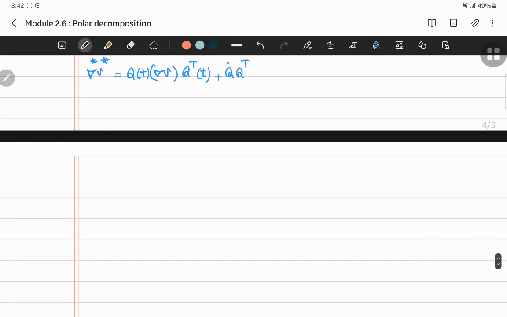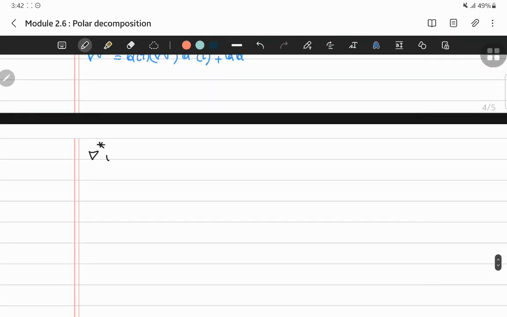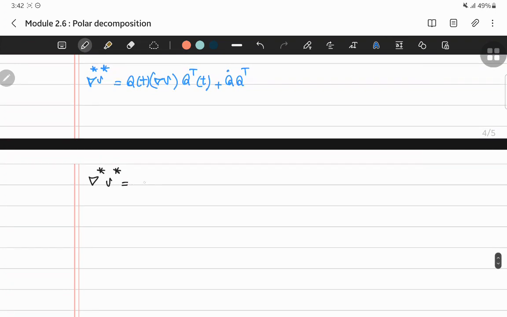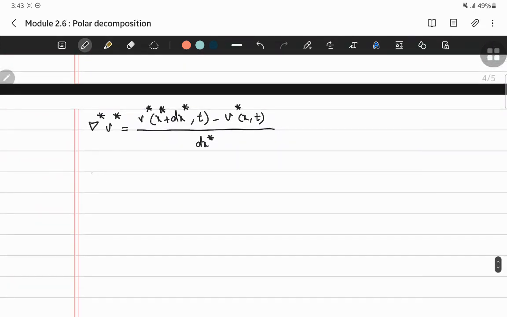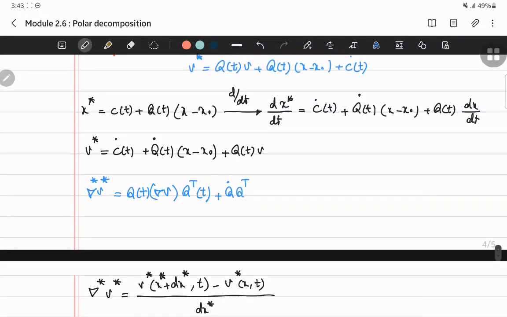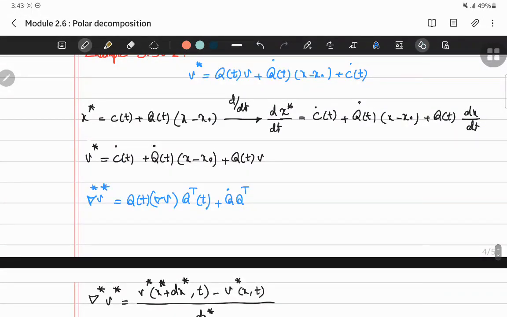The gradient, if you remember, was v star of x plus dx, and of course these are in the star, minus v star of x and t, divided by dx star. So we use the same definition here. So we need v star of x star plus dx star and t, which is equal to, so from here we have it.